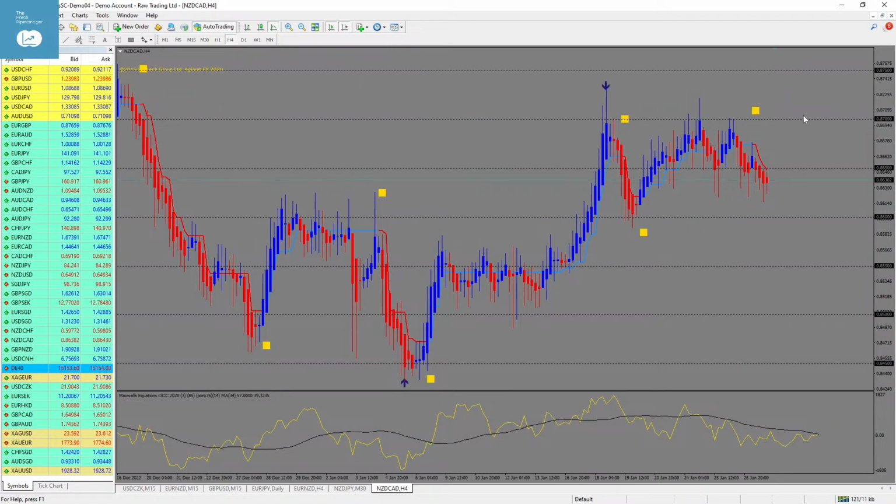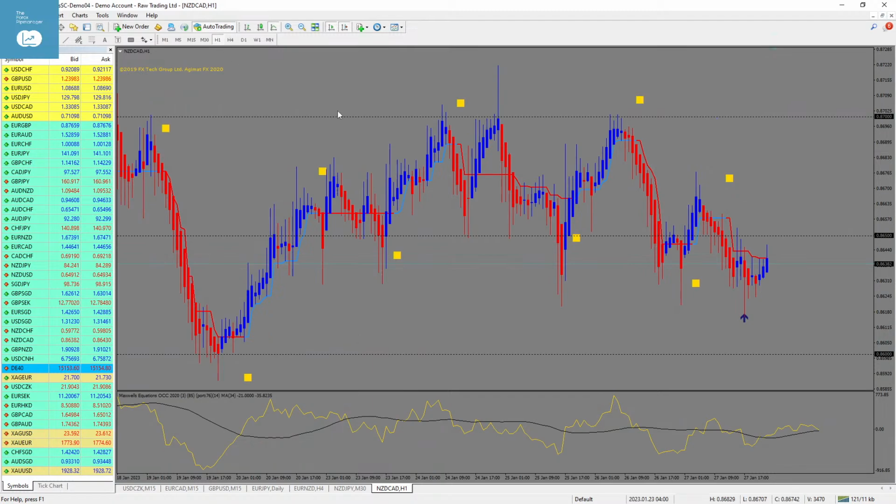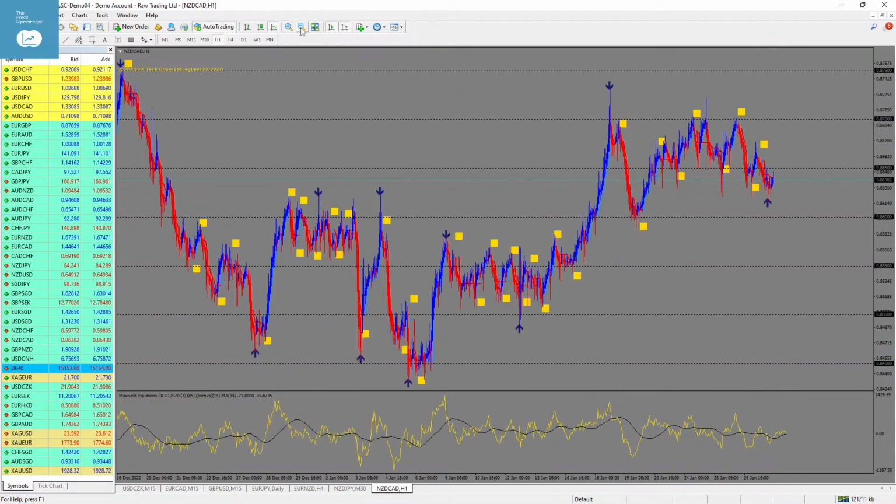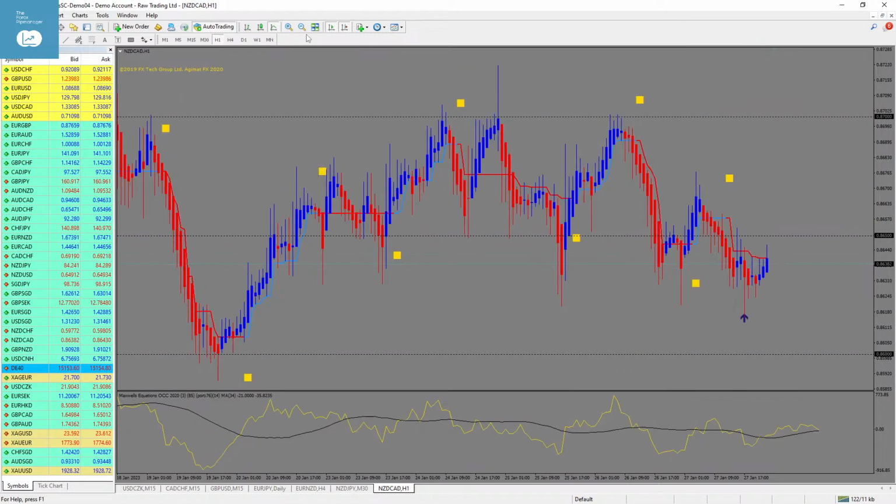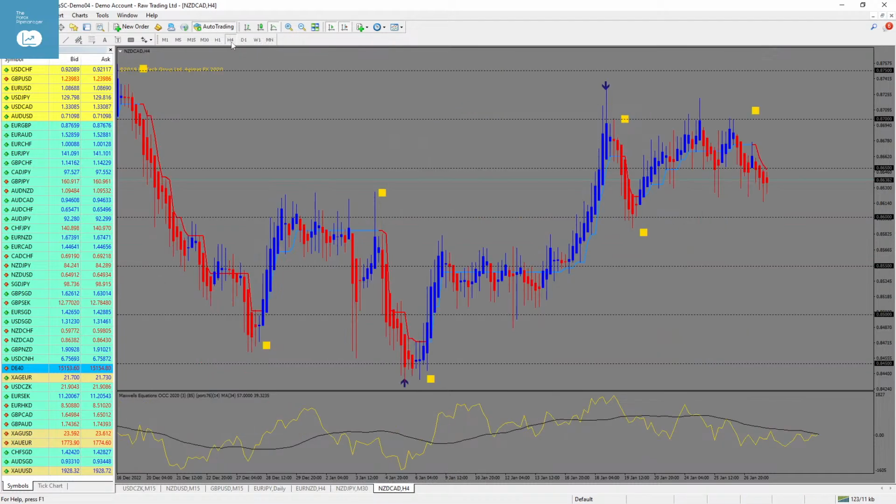We also have a range here, you see, and at the moment I don't like this pair for new trades. We have to wait in the new week to see what is going on with the yen. So far I don't really see a good trade. Maybe, let's see, it's a little bit of a range too.